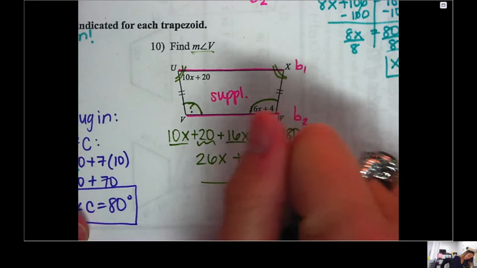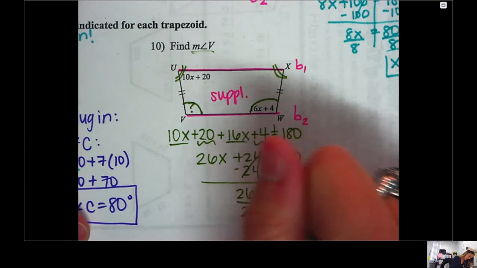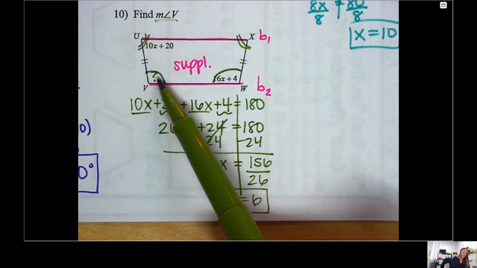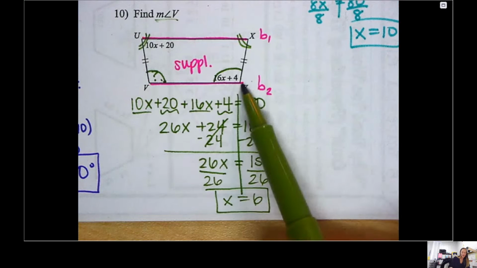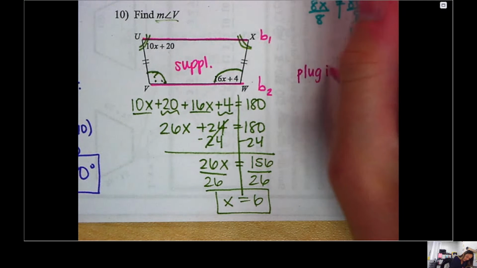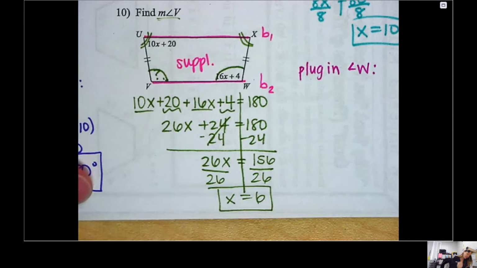Divide both sides by 26. I get x equals 6. Okay, so that's great, but now I need to figure out angle V, and remember, angle V and angle W are the same. So I'm going to plug in to angle W. That'll give me the same for angle V.